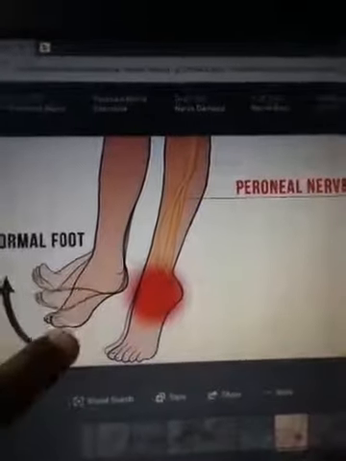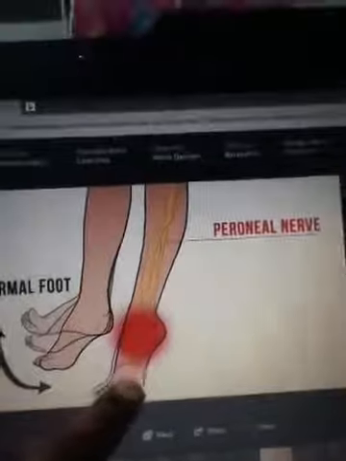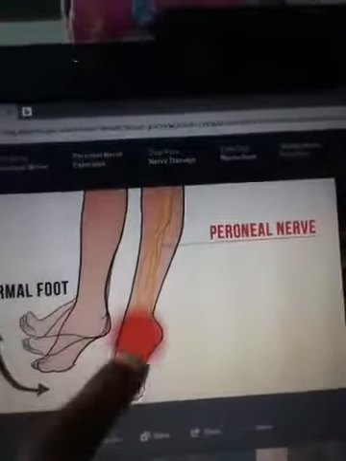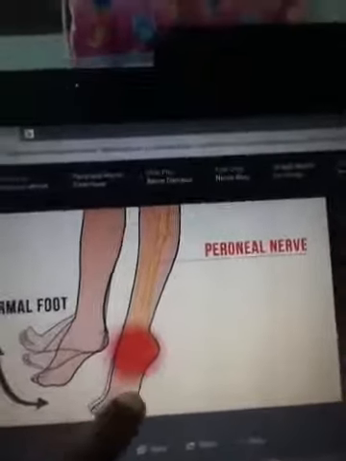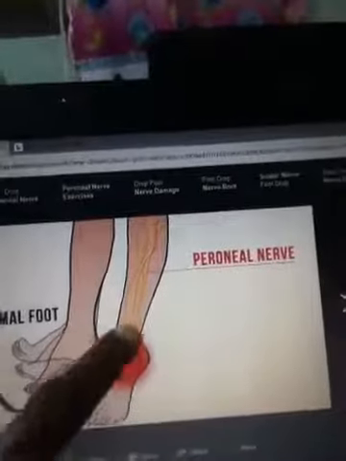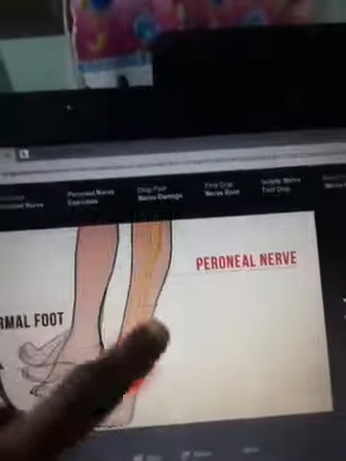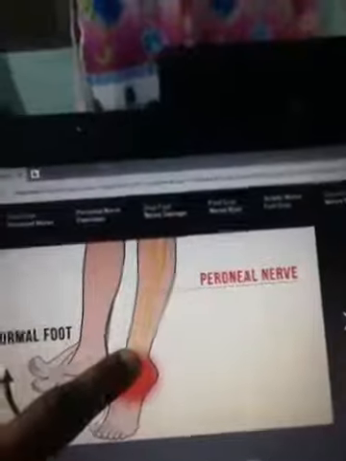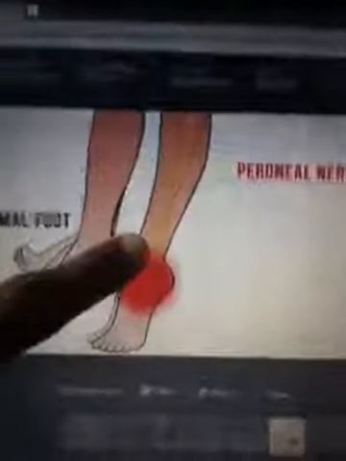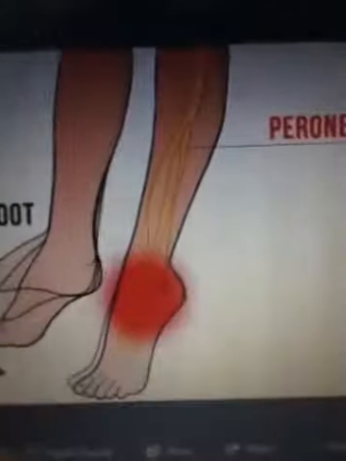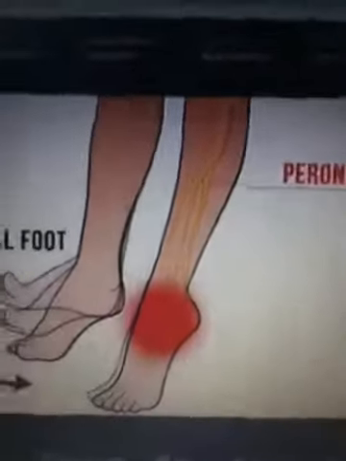When the foot drops to this place, the person is likely to have a drop foot, as we see here, and this is the common peroneal nerve. So when there's trauma to this side, we'll have drop foot. The common peroneal nerve is affected, and we have a drop foot.